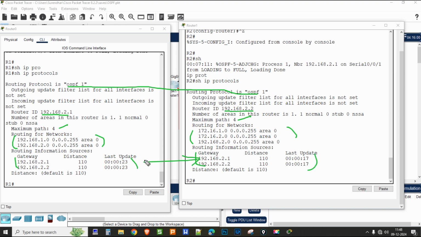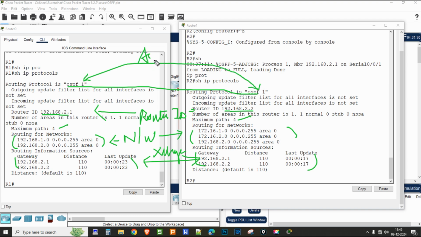This is the router information exchange between the two routers. Networks. Router ID: whichever has the higher value, it chooses. So this is the OSPF autonomous value. This is the AD value of the two routers.